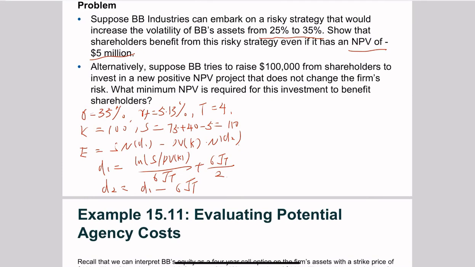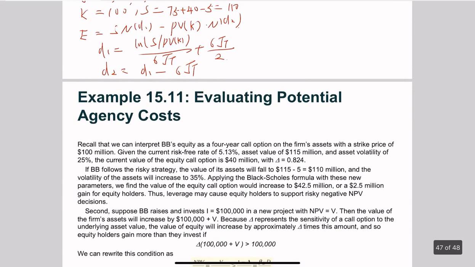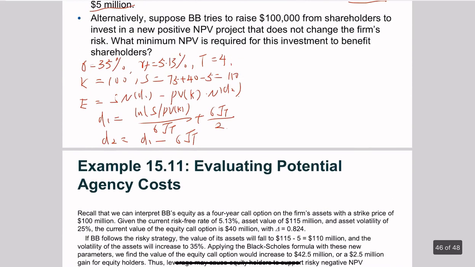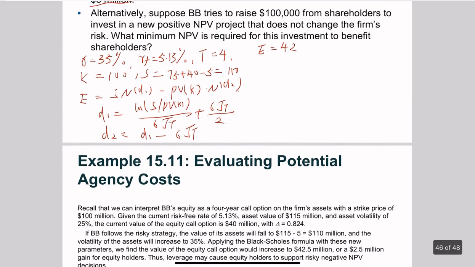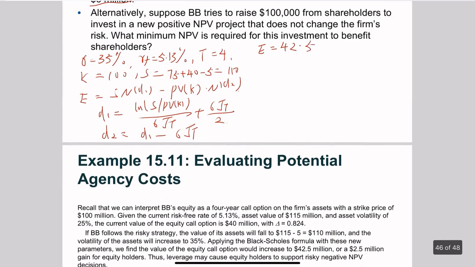So you can see that we pretty much have all these inputs. So we can just plug in numbers. And then I will just copy the lecture note. So in the end, the value of E is $42.5 million.